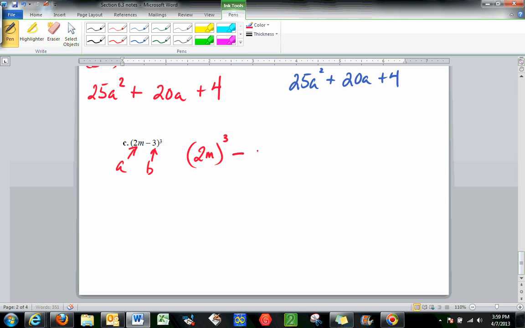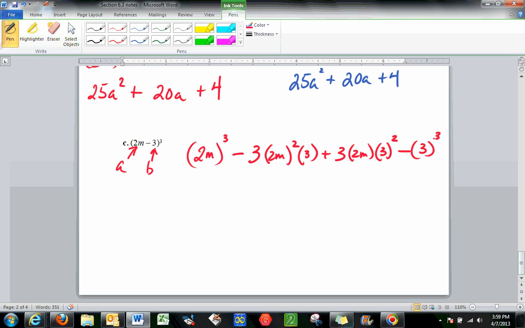Now we're going to have minus 3a squared, so we take the 2m and square it, times b, which was the 3, plus 3 times a, and this time we multiply it times the b squared, and then lastly we subtract the b term being cubed. So that's quite a task of remembering that pattern.